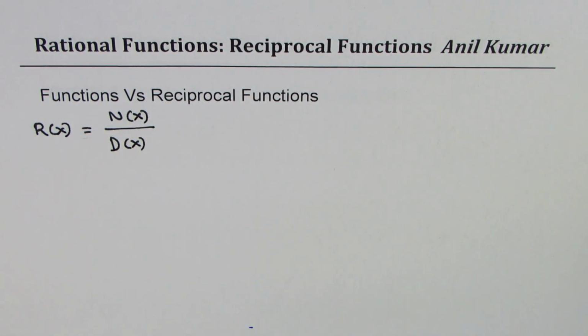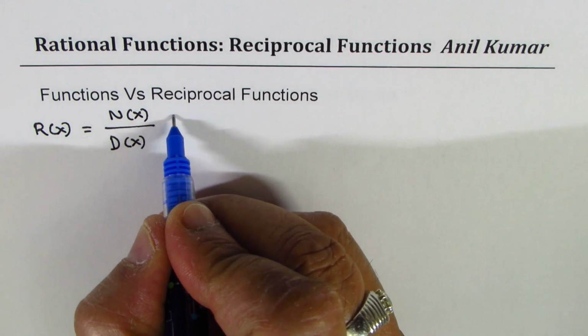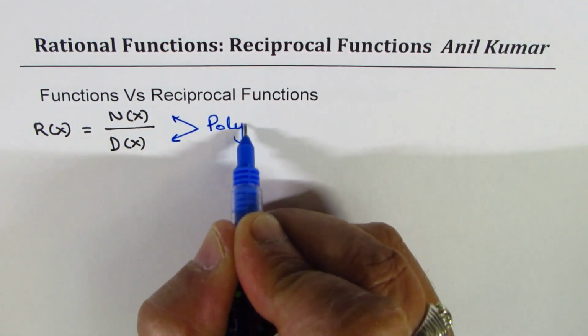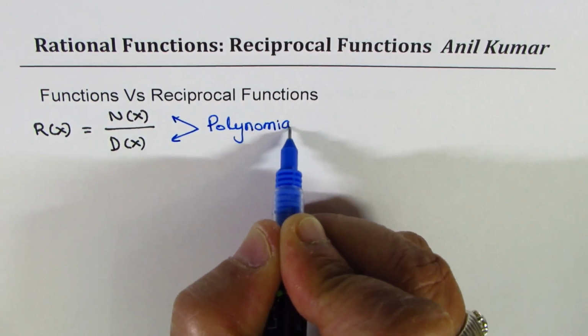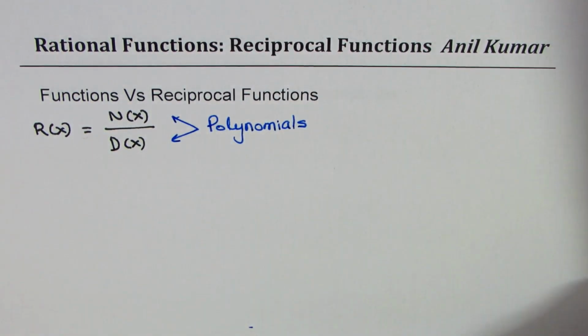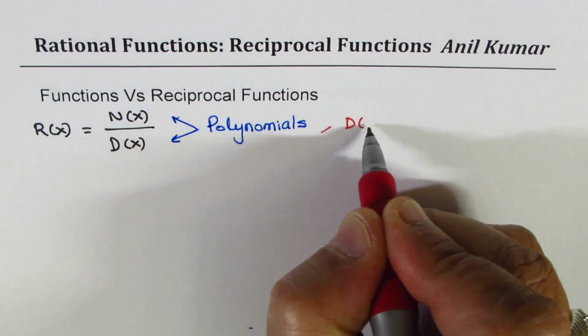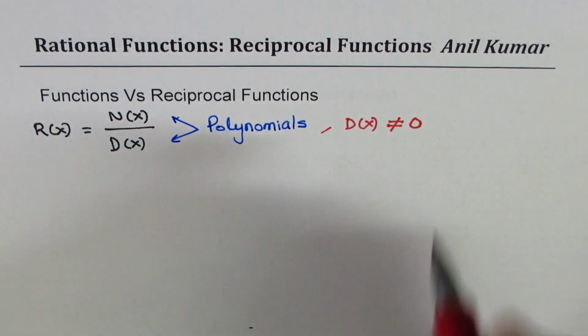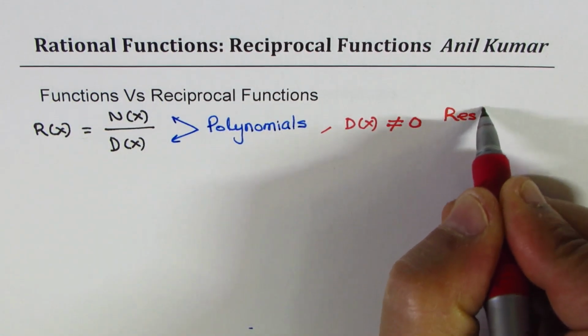However, you should remember that both of them are polynomials. And here we have a restriction that the denominator can never be equal to 0. So that leads to restrictions.